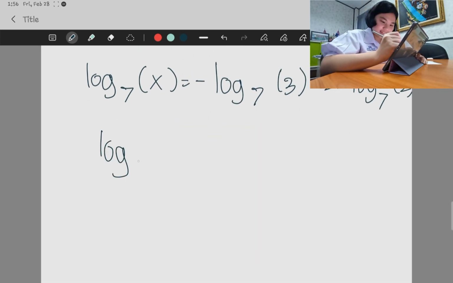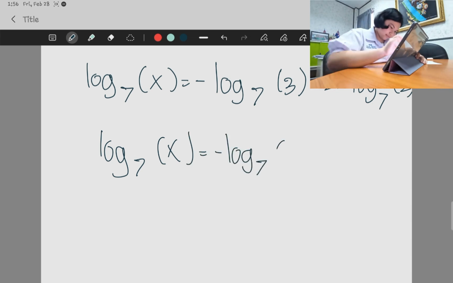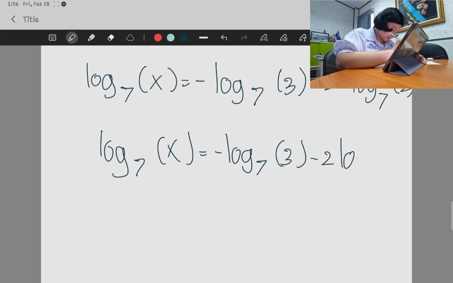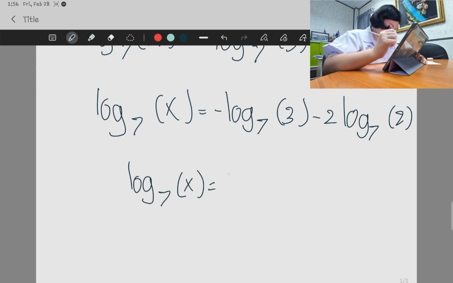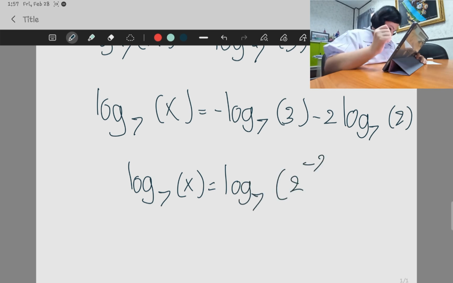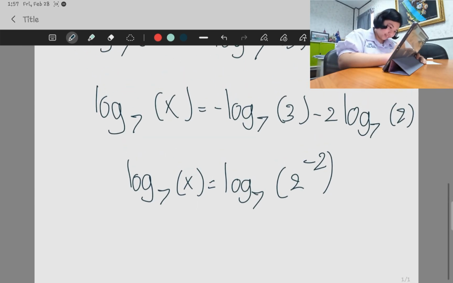Then move to log 7 x equals log 7 3 minus 2 log 7 times 2. It will be log 7x equals log 7 times 2 to the power of negative 2.